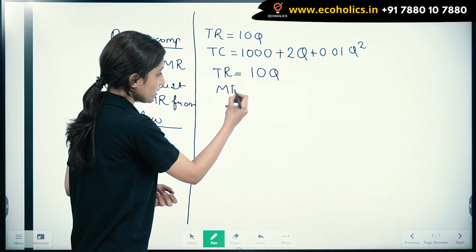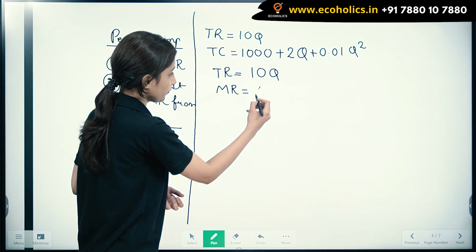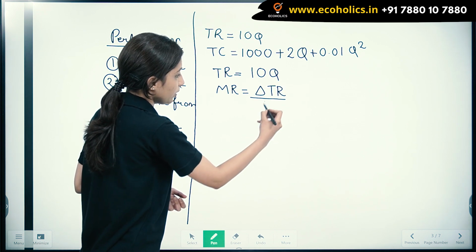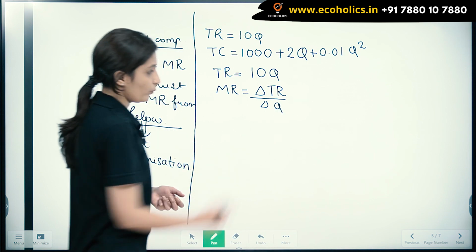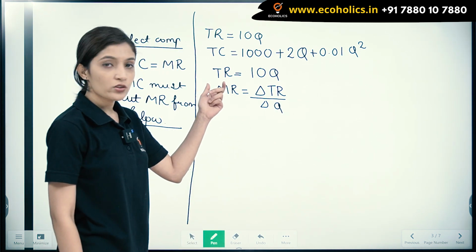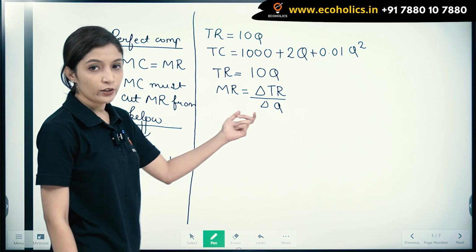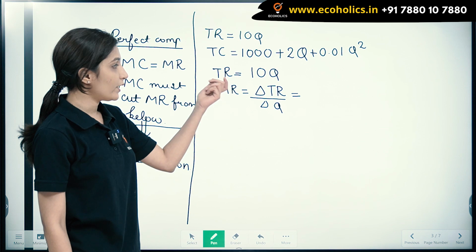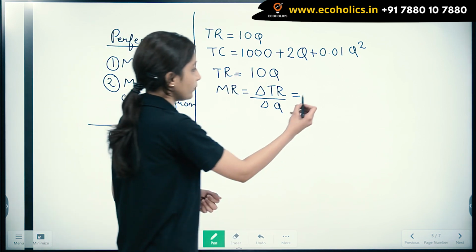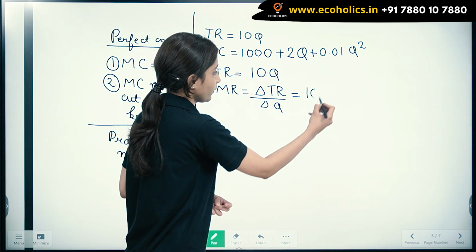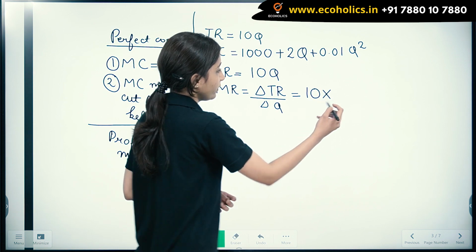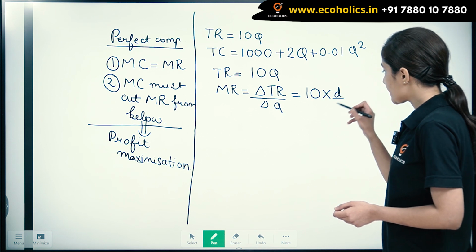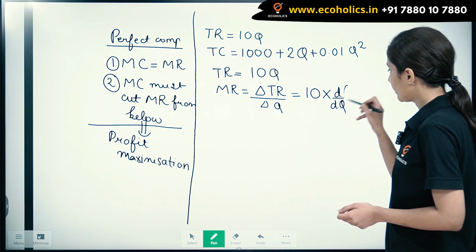So, our marginal revenue is delta TR upon delta Q. So, basically, we need to differentiate TR with respect to Q. So, what do we get as differentiating TR with respect to Q? So, we have 10 into differentiation of Q.